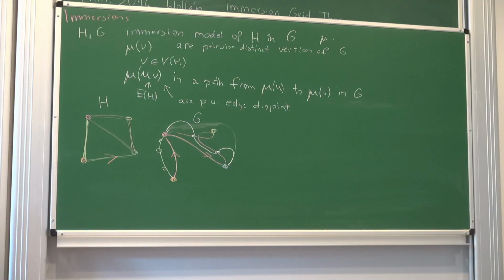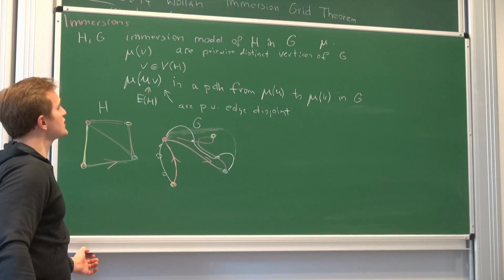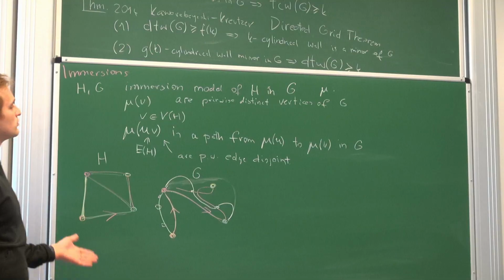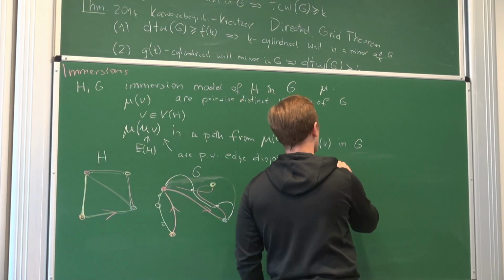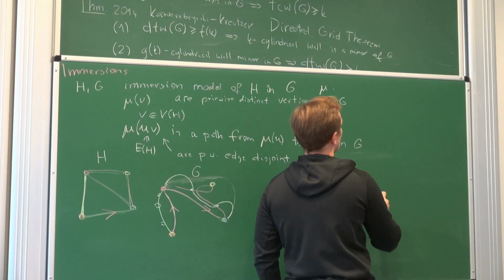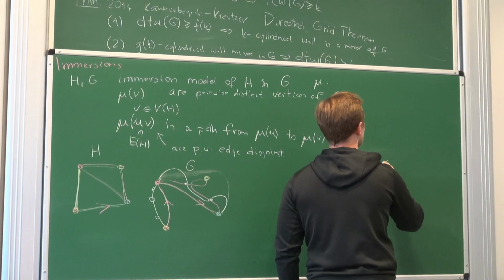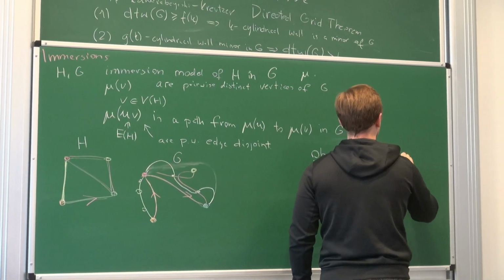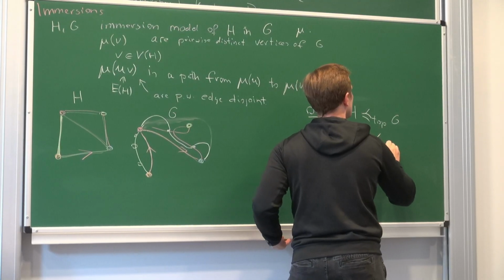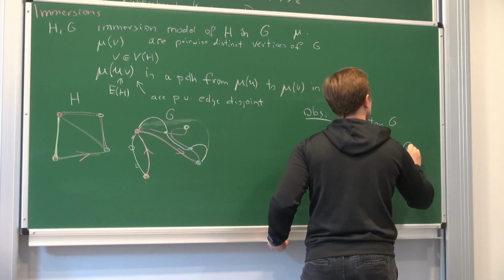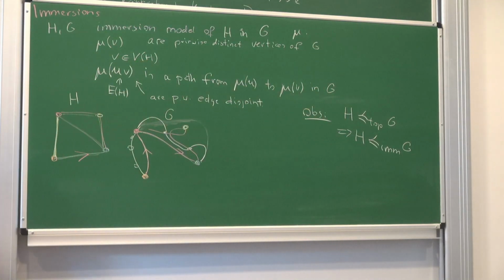Okay. And from this, we can glean some observations. Well, for example, if H is a topological minor of G, then H is also an immersion in G. Yes?